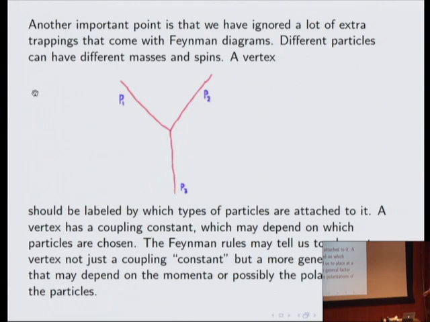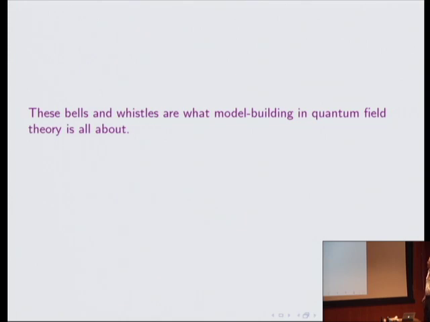And more generally, the Feynman rules tell us to place at a vertex not just a coupling constant, but a more general factor that, in general, depends on momenta and possibly on polarizations. So there are a lot of bells and whistles in Feynman diagrams, and those bells and whistles are what model building in quantum field theory is all about.